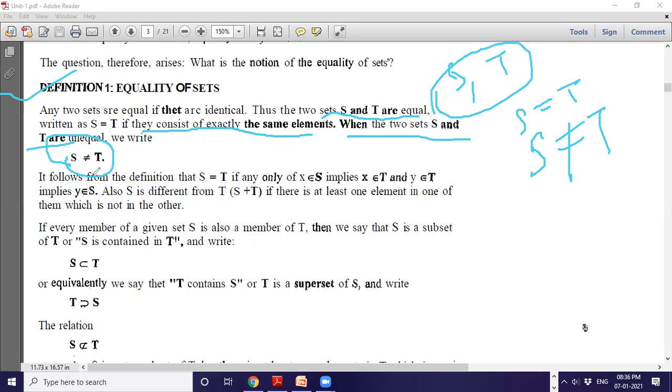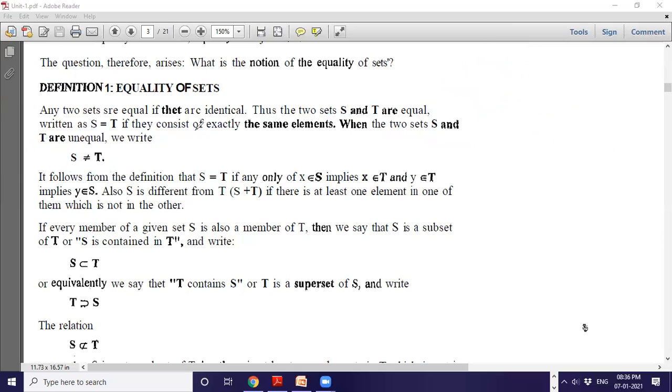Now, it follows from the definition that the set S is equal to T if and only if x belongs to S implies x belongs to T, and y belongs to T implies y belongs to S. So if any element x belongs to S, then this will imply x belongs to T also.